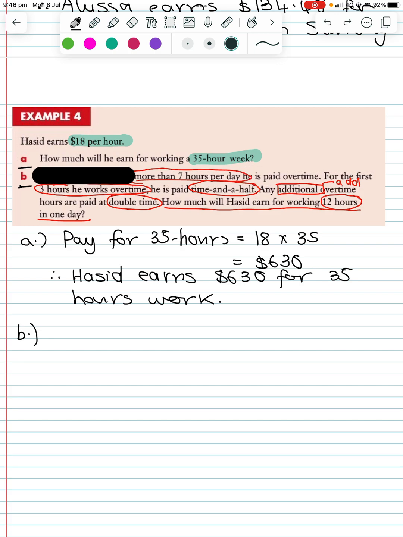Crossed out a bit too much there. First 3 hours he's worked overtime is time and a half. Additional overtime are paid at double time.